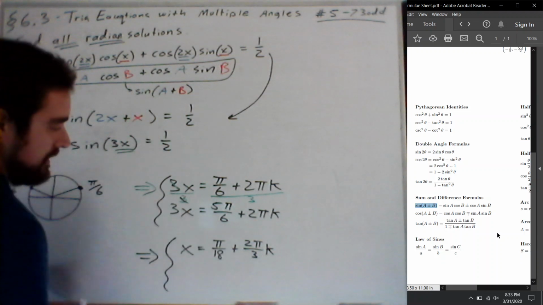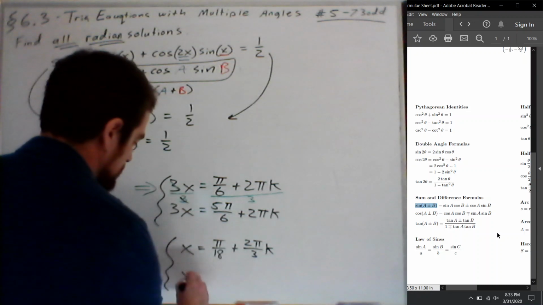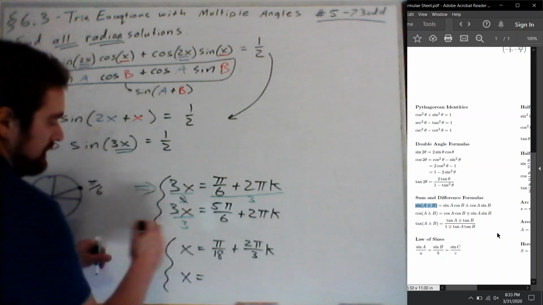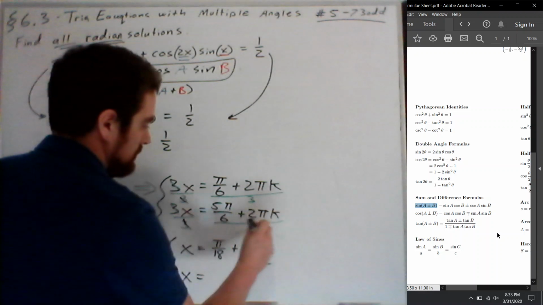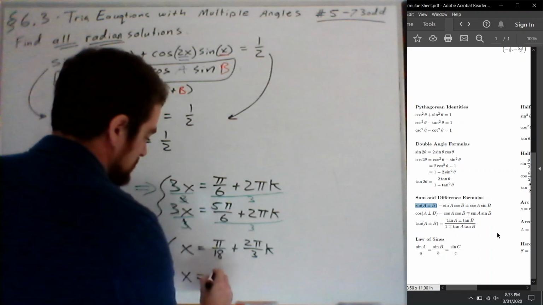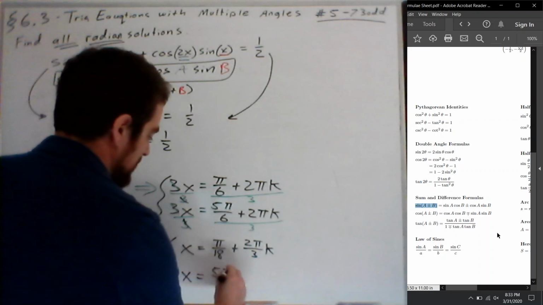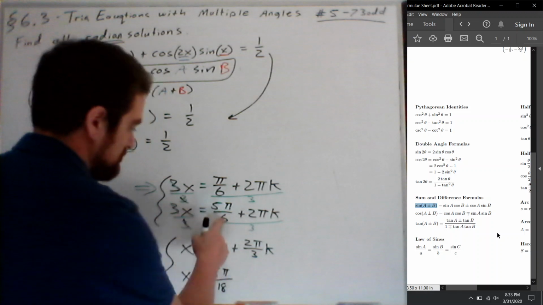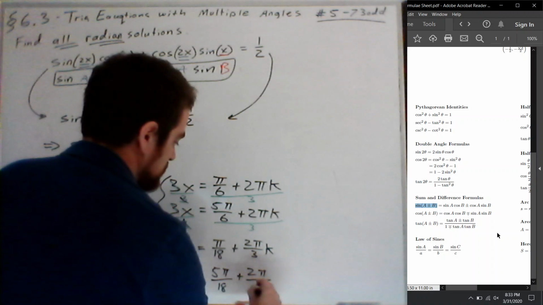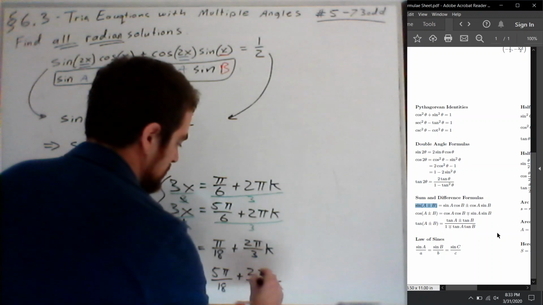Again, we could force a common denominator, but that's fine for us. Divide this by 3. So we're getting x equals 5 pi over 6 divided by 3 is 5 pi over 18. I'm actually multiplying the 6 and the 3 in the denominator. And again, we already saw this is 2 pi over 3. There's nothing we can do with that.